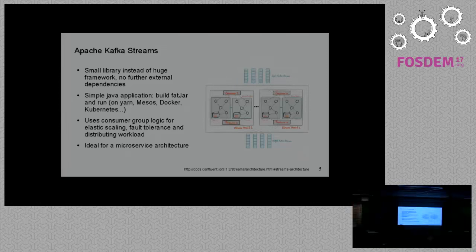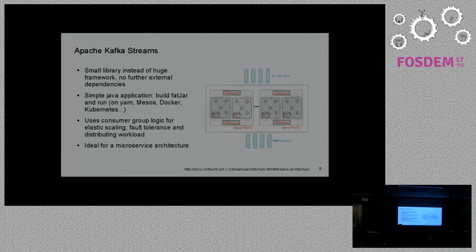Kafka Streams basically uses this Kafka consumer group logic that I introduced for scaling and fault tolerance. Other stream processing frameworks had to really invest a lot of work to get elastic scaling and all that working, and Kafka Streams basically got it for free by using the consumer logic.